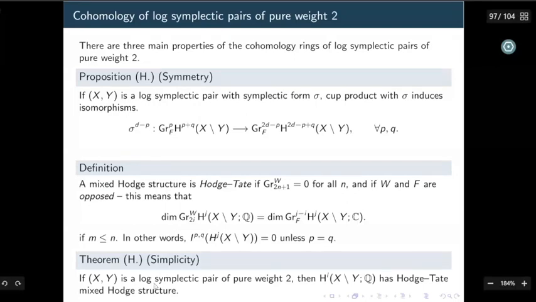If you have a log symplectic pair of pure weight 2, then your log symplectic form is something that lives in H^2. So knowing where this lives in terms of the weight filtration determines the structure of the weight filtration all the way up the chain. This tells you how to go from degree 2 to all degrees.